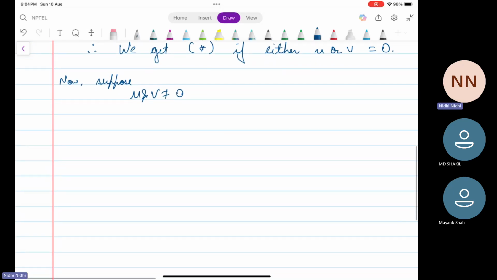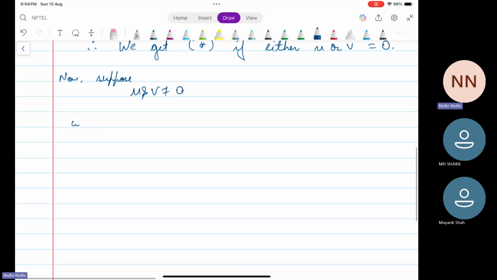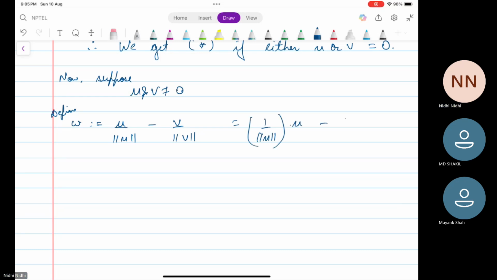In that case, we define w to be some other vector such that w is equal to u by norm u minus v by norm v. Clearly, since u and v are non-zero, norm u and norm v are non-zero, so we can divide. This is basically just the scalar multiplication of vectors by the scalars, one by norm u and one by norm v.